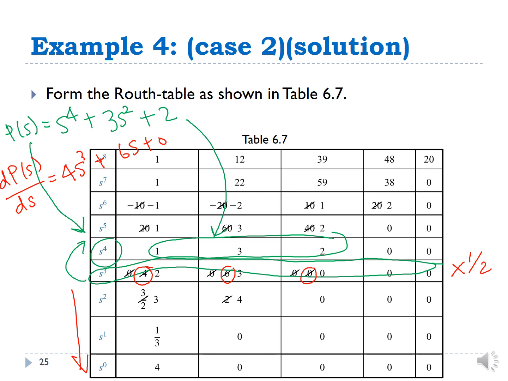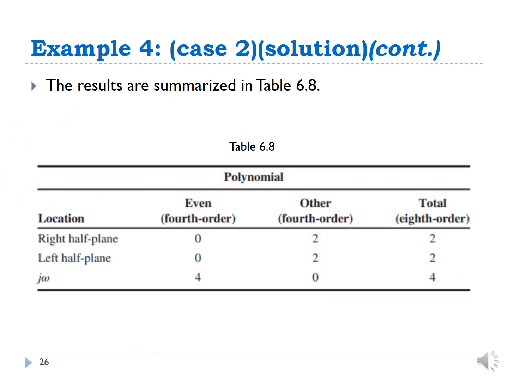Then, how do we interpret the table? The results of the first column of table 6.7 are summarized in table 6.8.